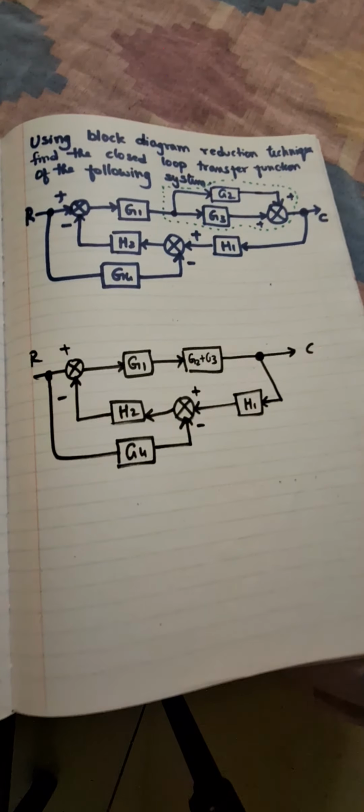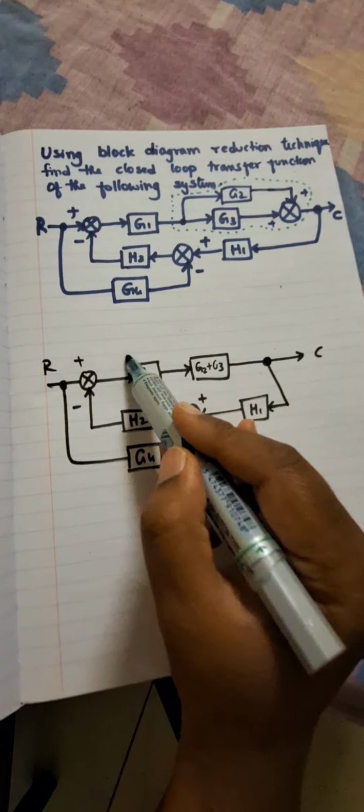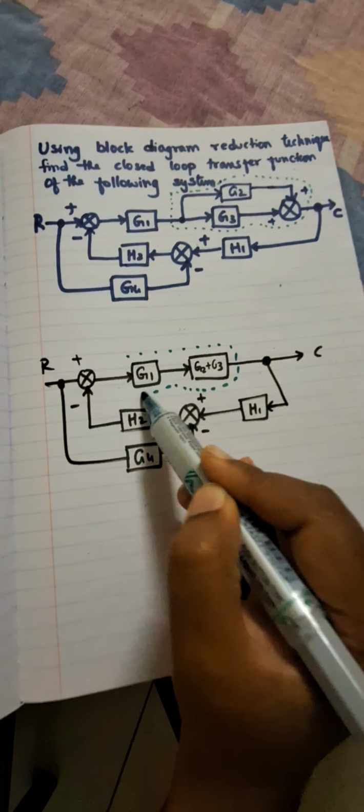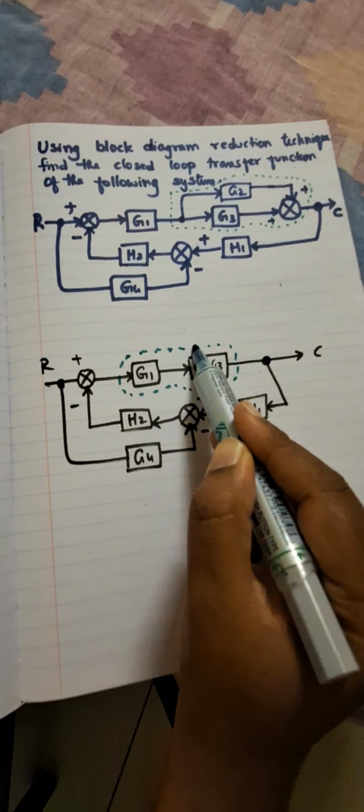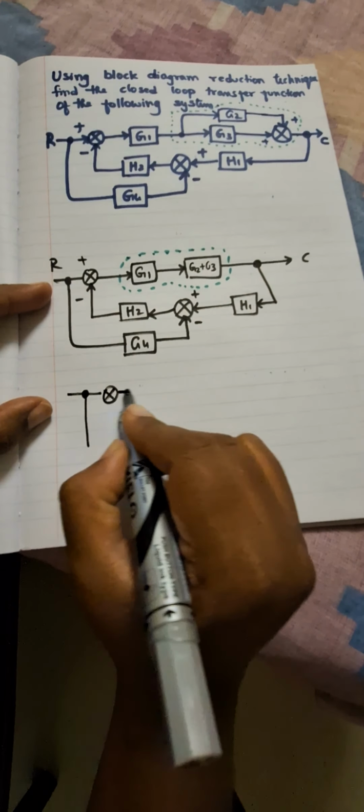Now after seeing this, again, what can you see? Again, these three are complicated, you can't solve them. But these two are in series. When these two are in series, you can multiply them. So the summation will remain a summation because we haven't solved it, and the node will remain a node because we haven't solved that.